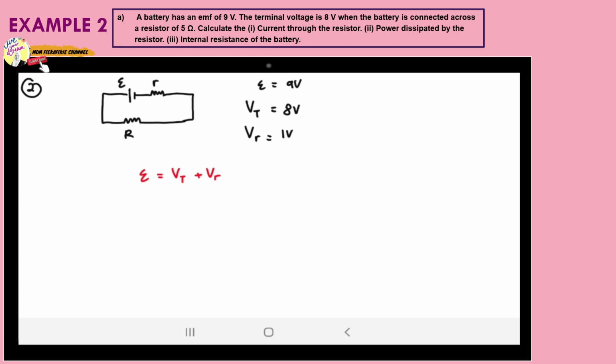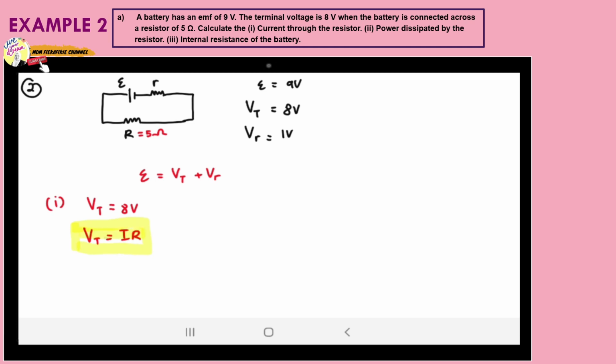Now we want to calculate the current through the resistor. How to calculate the current through the resistor? Since we know that VT is equal to 8 volt, and the question gives that the external resistance is 5 ohm, we know that VT is equal to IR.